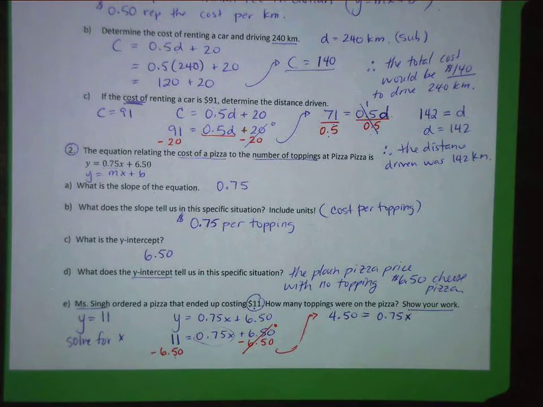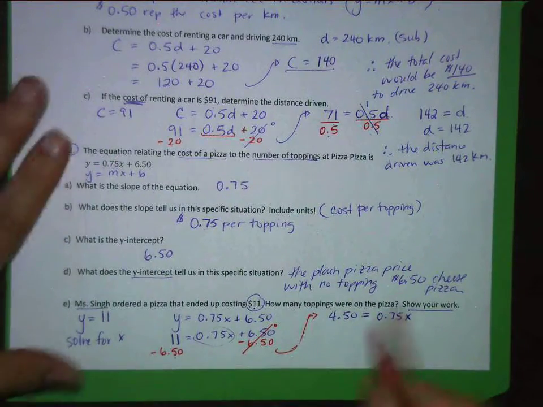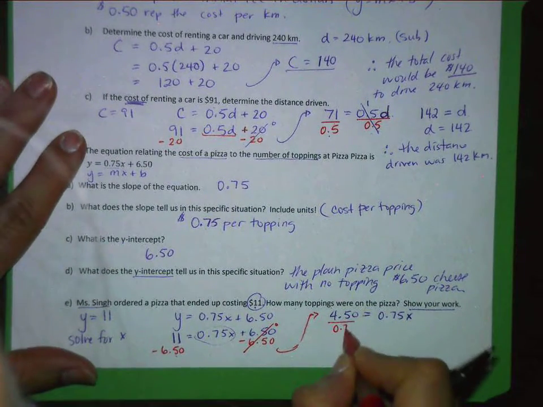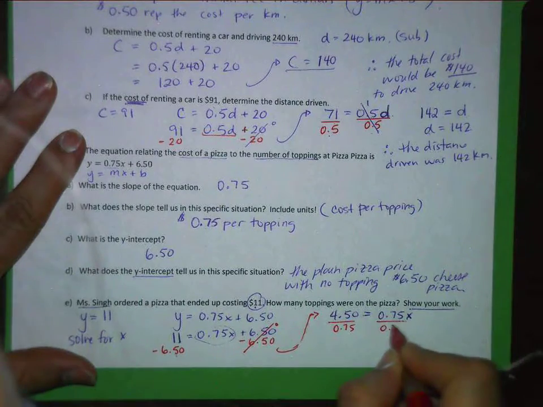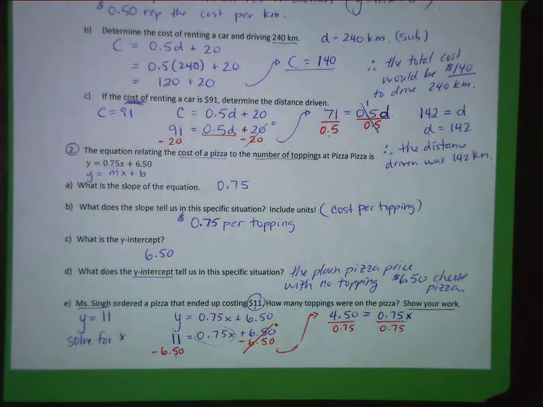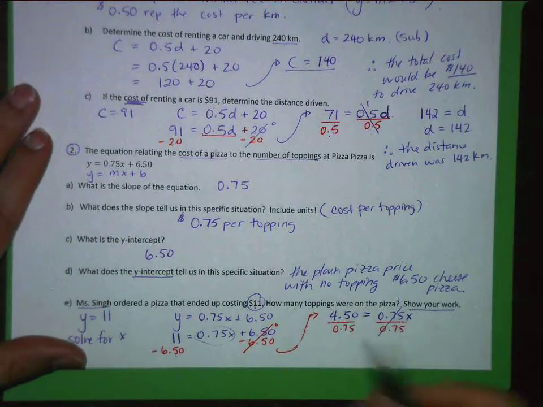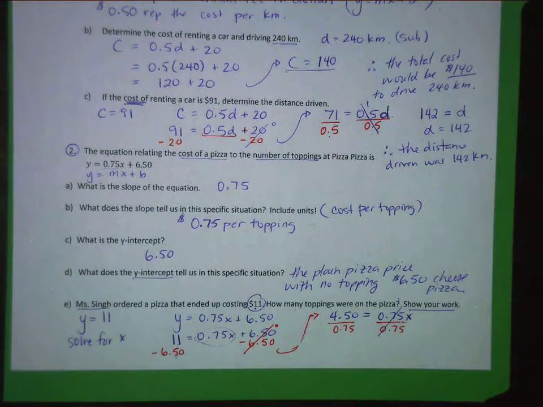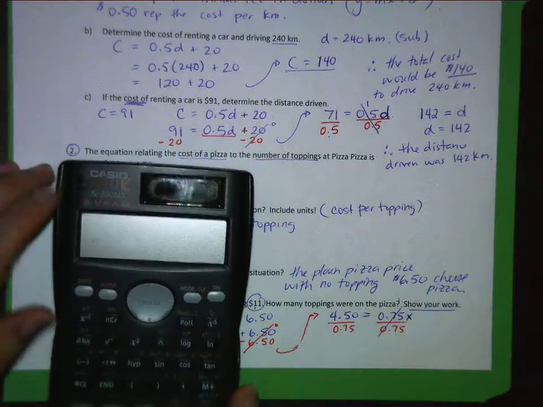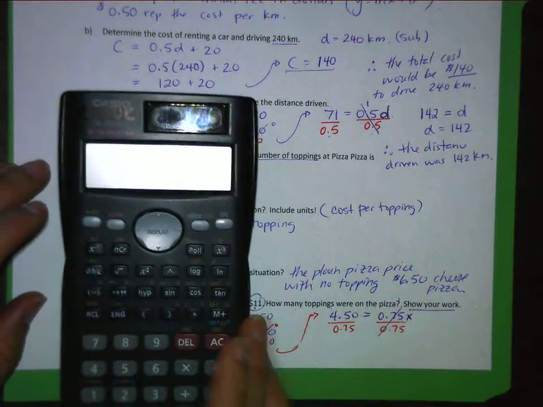Let's divide by 0.75 on both sides. I chose that to make this coefficient 1. And I'm going to go ahead and put this in our calculator. Make sure you're putting in the decimals in the right place. Let's see if you can see that. There we go. Again, you should be doing this on your calculator.